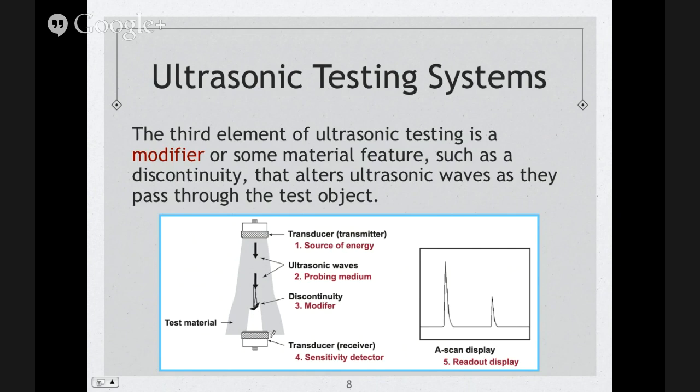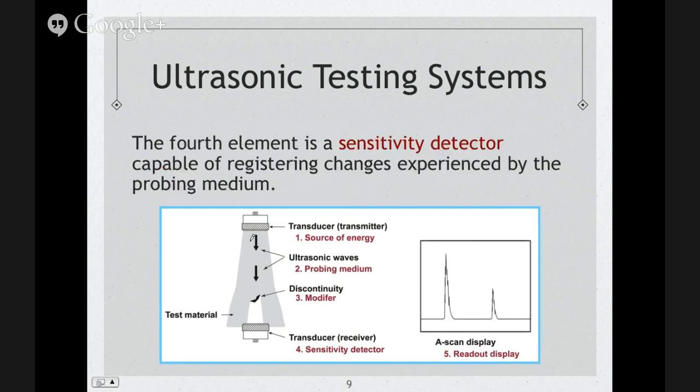And the fourth element is the sensitivity detector, which is capable of registering changes experienced by the probing medium. In this setup, that would be our transducer being the receiver. And of course, again, we have a through transmission setup here, and in this case we're going to be sensitive to discontinuities such as voids, separations of the metal, in this direction.